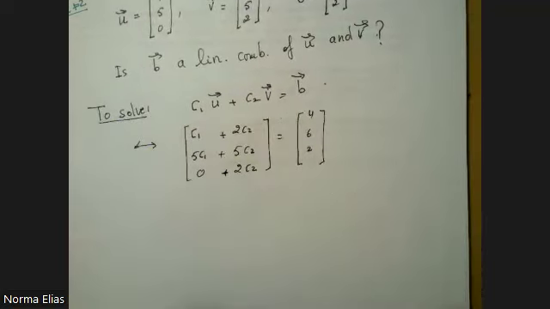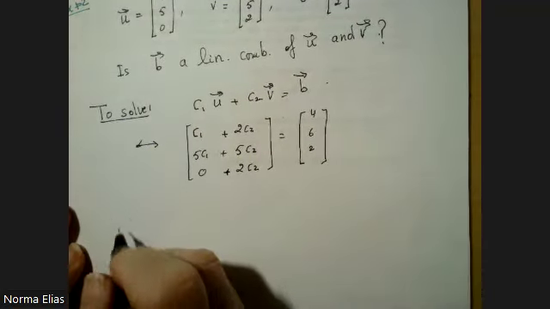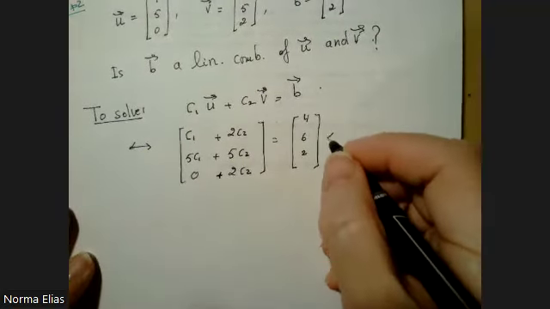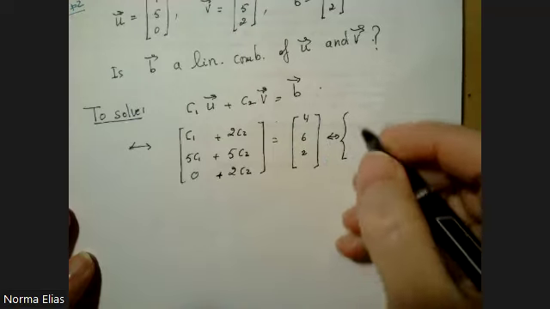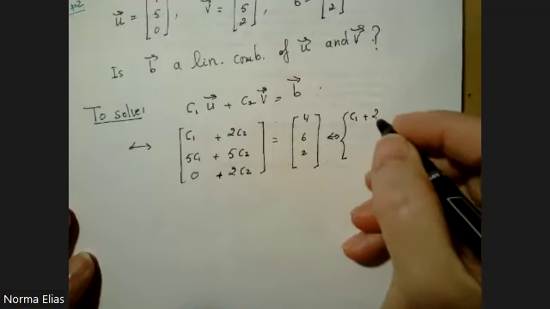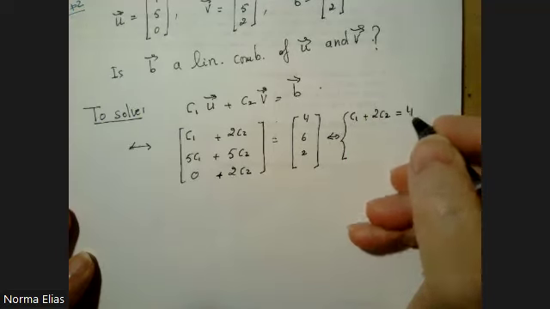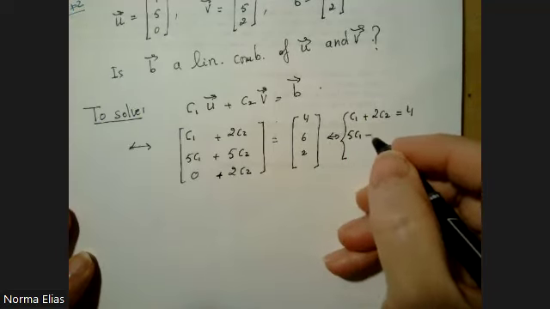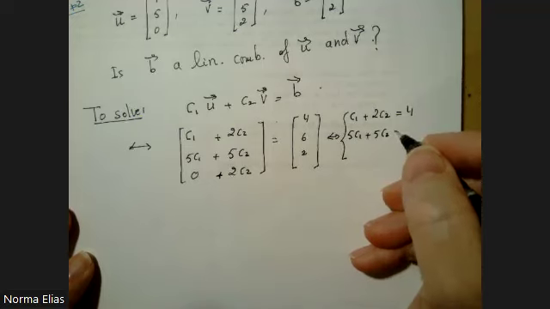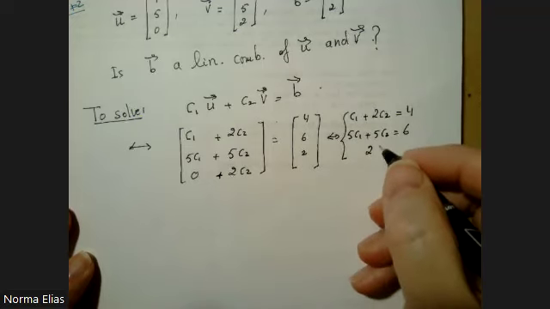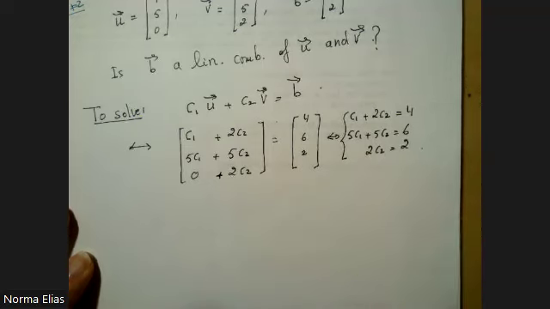And the question is, can I solve the system? So this is equivalent to solving the following system: C1 plus 2C2 equal to 4, 5C1 plus 5C2 equals 6, and 2C2 equal to 2.